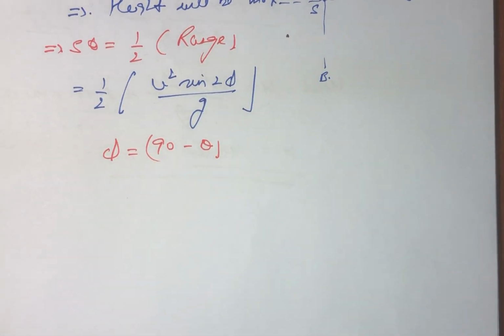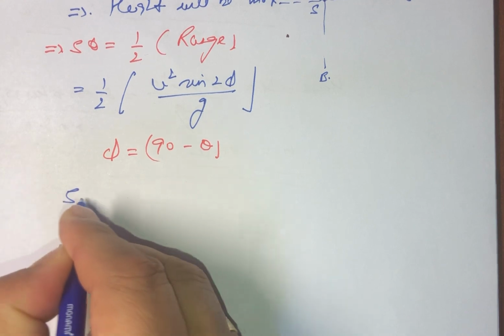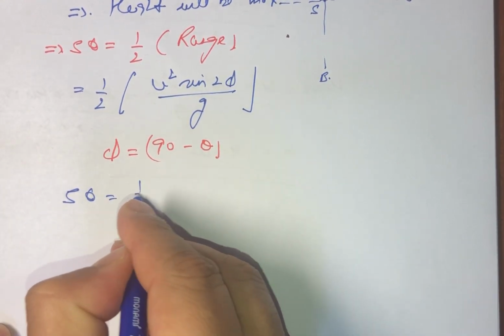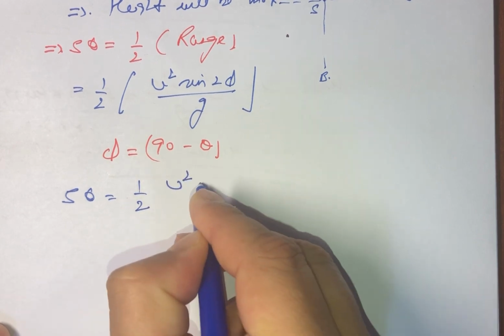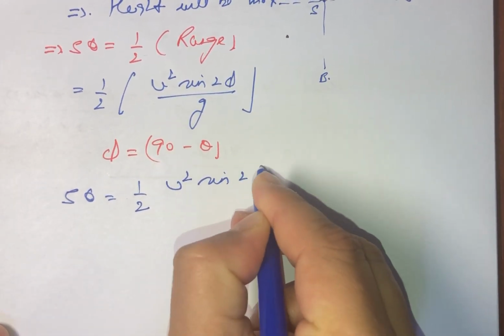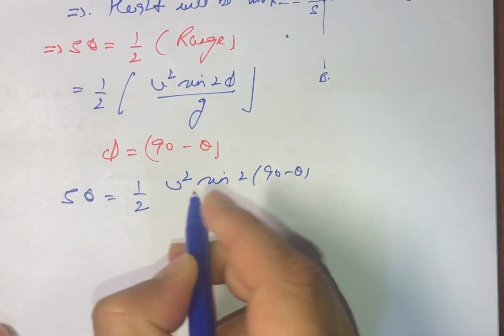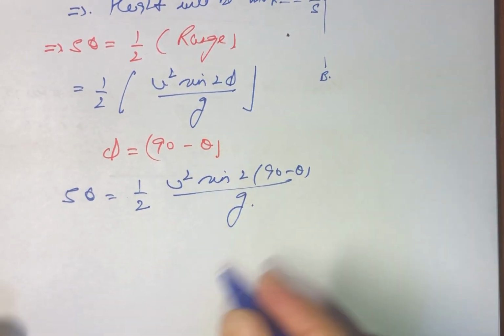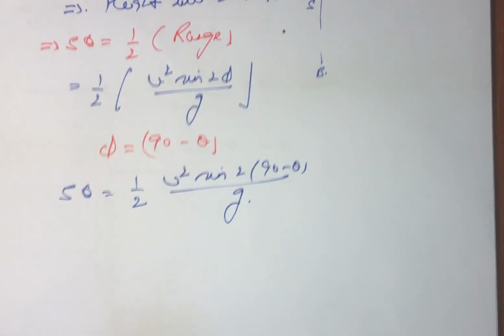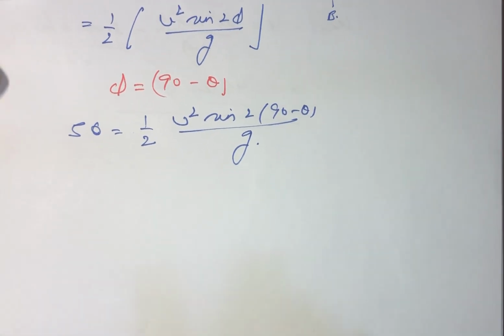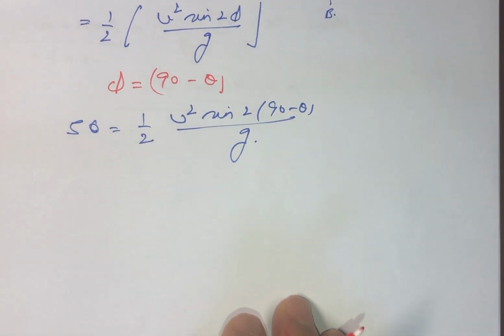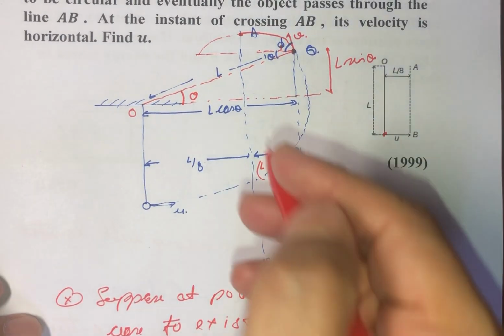We substitute the value. From here we can say SQ is equal to half v square sine of 2 times 90 minus theta divided by g, and this is our point S.